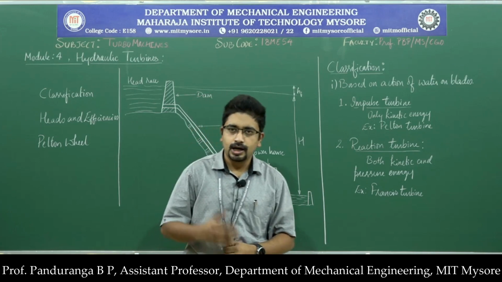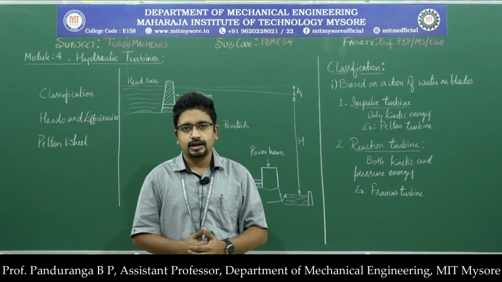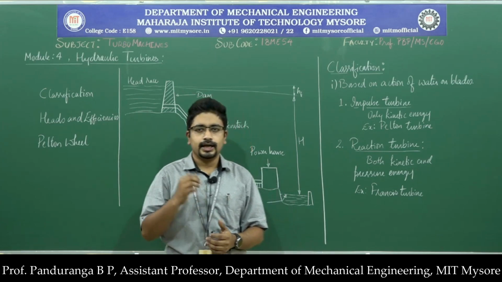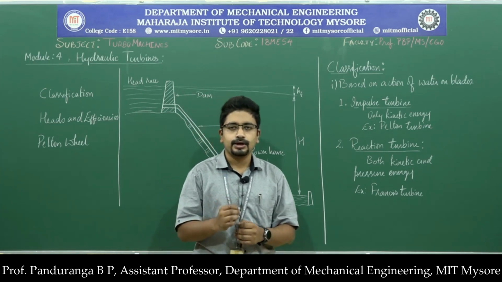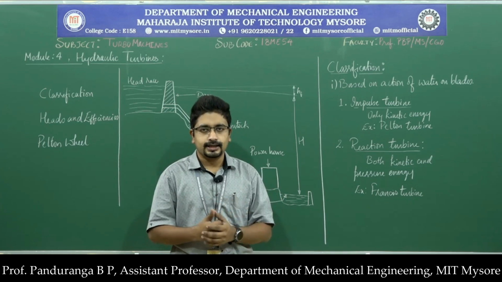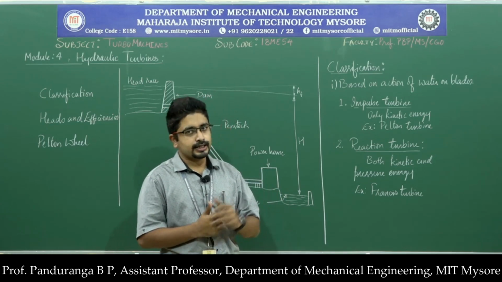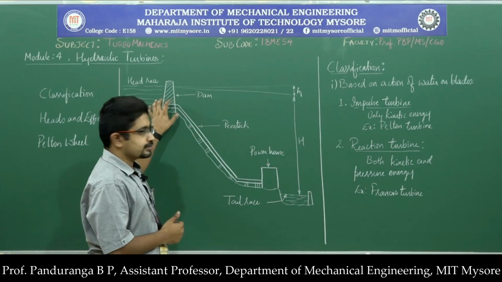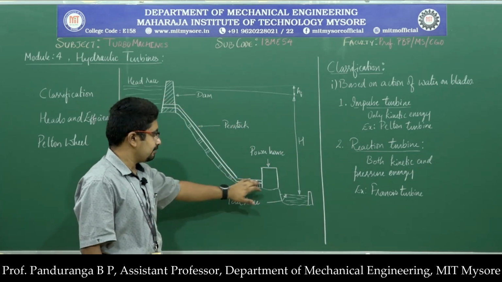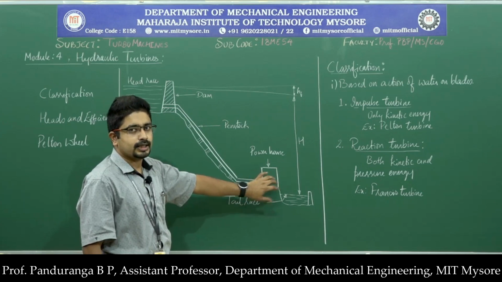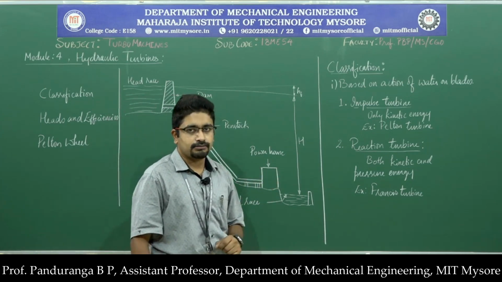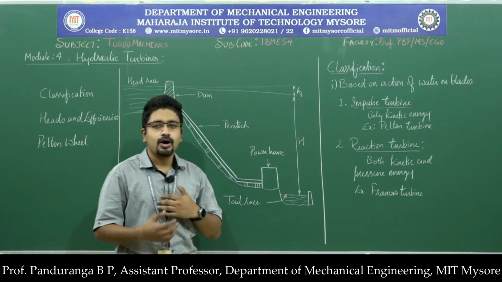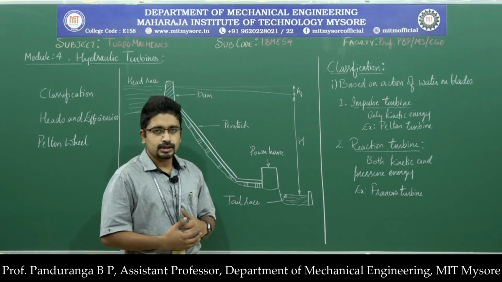In the case of an impulse turbine, the energy exchange occurs only due to the kinetic energy. When the water comes from the dam to the powerhouse, at the entrance to the turbine there will be a nozzle, and that nozzle converts all the pressure energy.